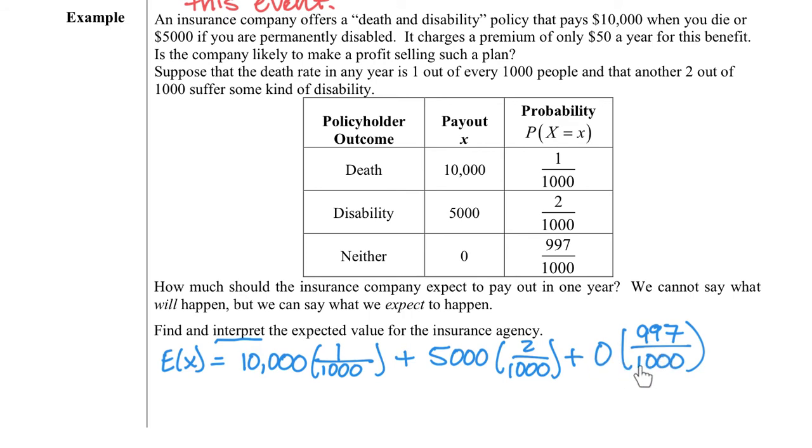So make sure you're still writing any 0 values even though they don't really affect anything. You also don't need to worry about putting this part in your calculator since it's just going to be a 0. When I put this in my calculator, I can see the answer is 20. I next need to interpret it.